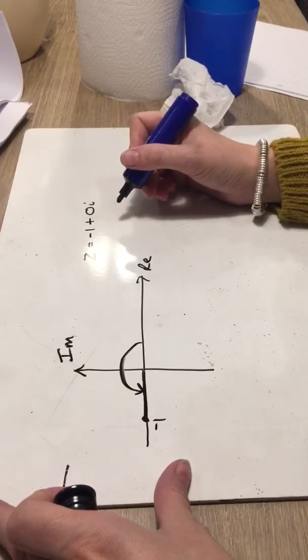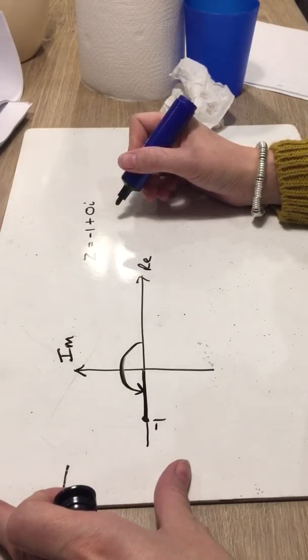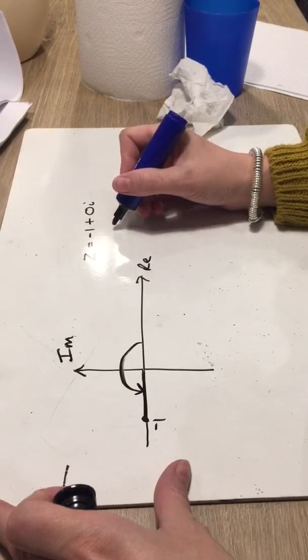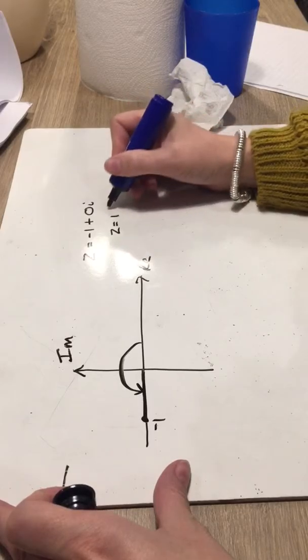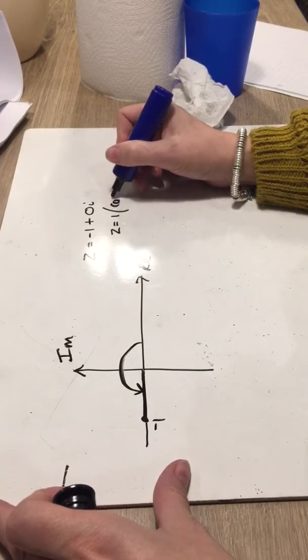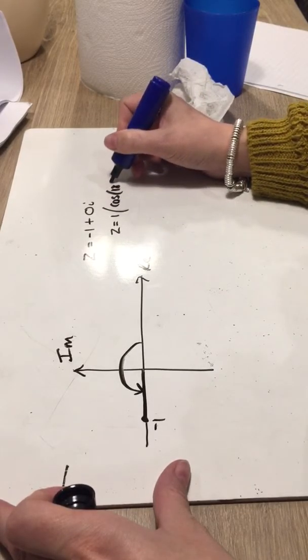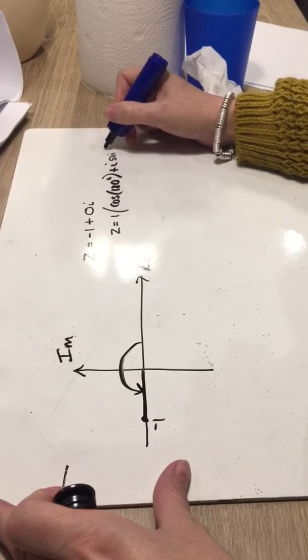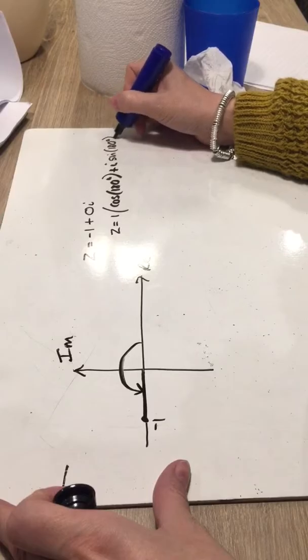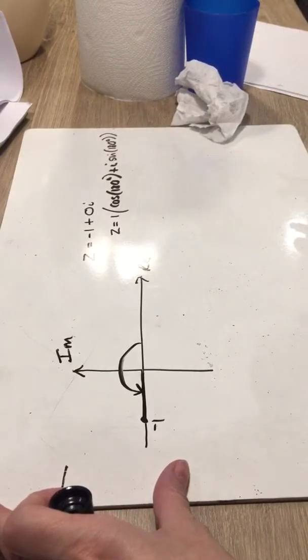Okay, so in polar form, z is going to equal 1 bracket cos 180 degrees plus i sine 180 degrees. And that's it in polar form.